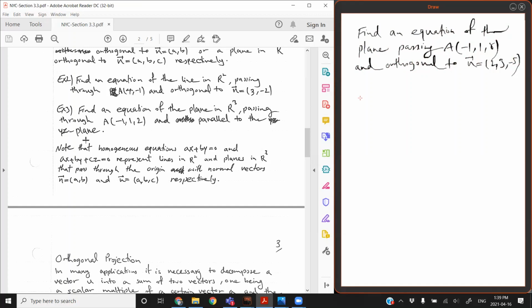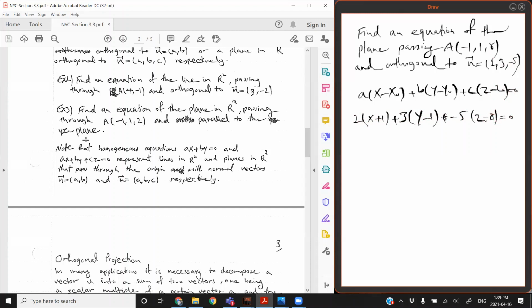So you just use the formula: A times x minus x0 plus B times y minus y0 plus C times z minus z0 is equal 0. Let's plug in values. A is 2, x minus -1, plus 3 times y minus 1, plus minus 5. So let's use minus 5 times z minus 8 is equal 0.